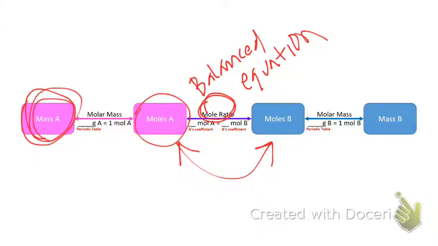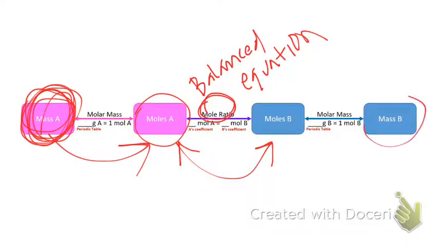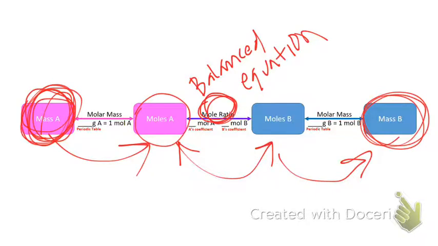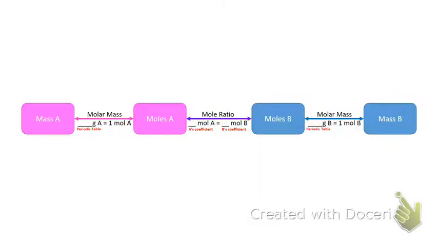If we don't start with moles, if we start with something like grams, our first step is to get moles so that we can do that. If the question doesn't ask for moles, if it asked for grams, I'd still have to do this mole ratio, then I'd have to add one more step after that, using the molar mass to turn those moles into grams. So this was our old mole map.